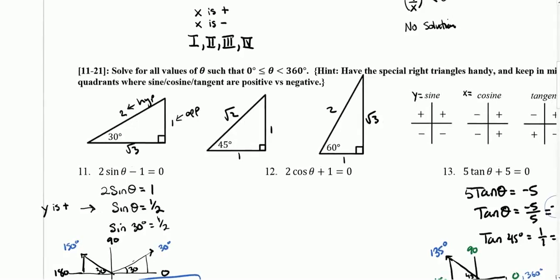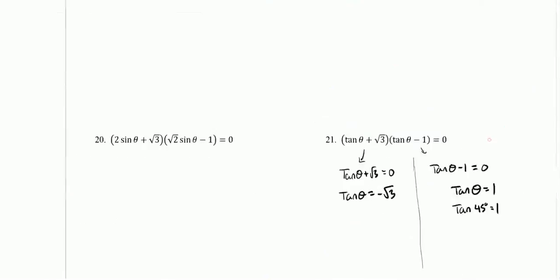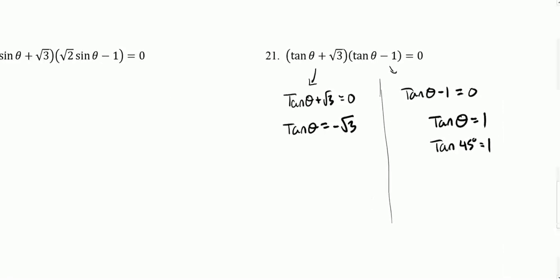If I talk about the tangent of 30, I end up with opposite over adjacent, so 1 over root 3. If I look at the tangent of 60, I get root 3 over 1. And so we see the tangent of 60 is equal to root 3, not the tangent of 30, not the tangent of 45. So tangent 60 is root 3.